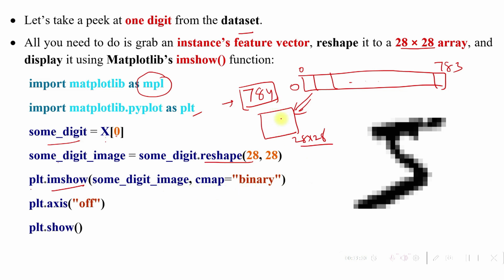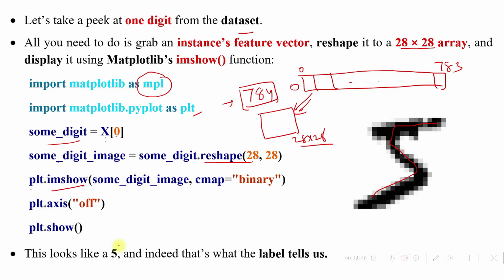After showing this image, we get the output as a 5 image. This looks like a 5, and indeed that is what the label tells us. Here y of 0 is the corresponding class label of the 0th instance.